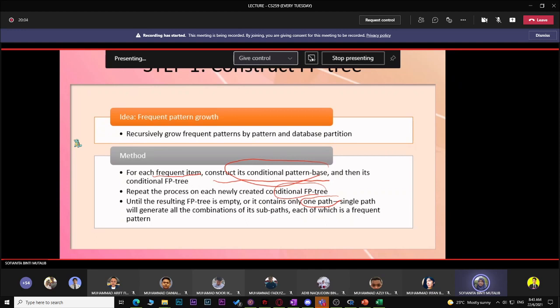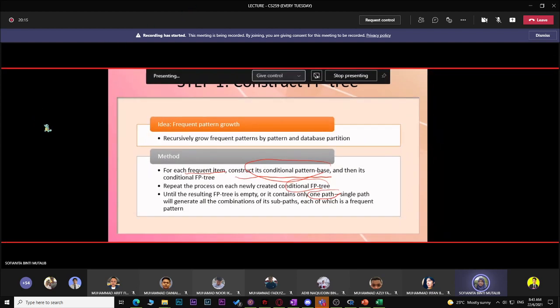When we construct the tree, it will eliminate those items which are infrequent. So this will be the beauty of frequent pattern growth. At the beginning, it will focus on items or variables that frequently occur in the database.